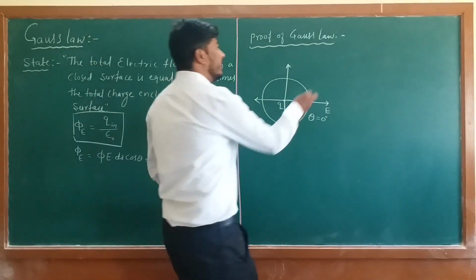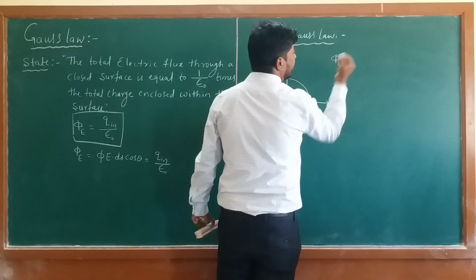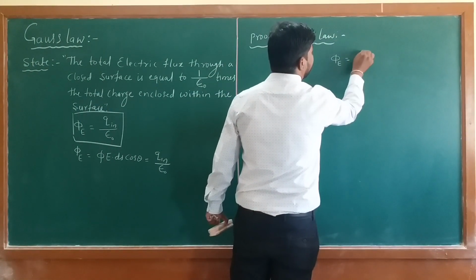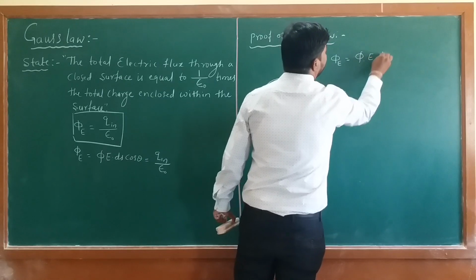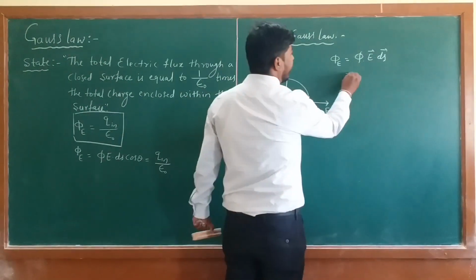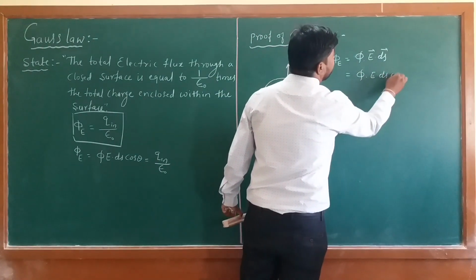Now, what do we know? According to Gauss law, phi of E is equal to the surface integral of E dot ds, or we write that as the surface integral of E ds cos theta.